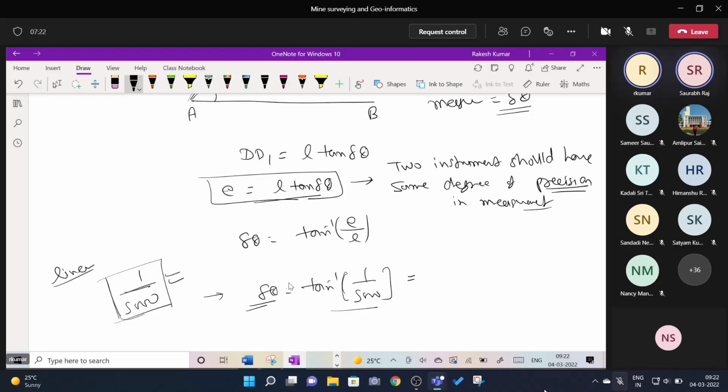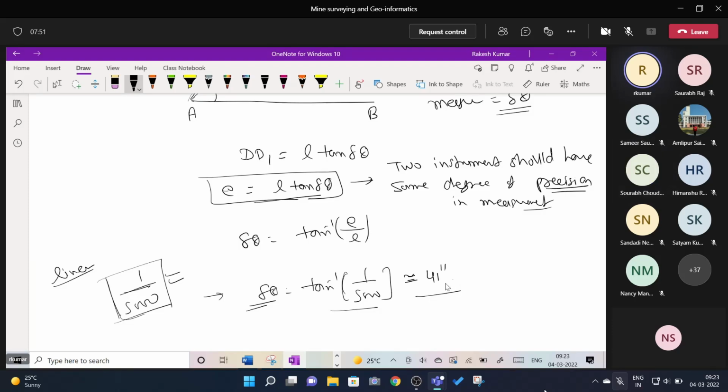Sir, 0.66 minutes. No, how will 0.66 come? Tan inverse 1 upon 5000. Anybody? Sir, 41.25 seconds. Yeah, around 41 seconds. Is it coming for anyone?